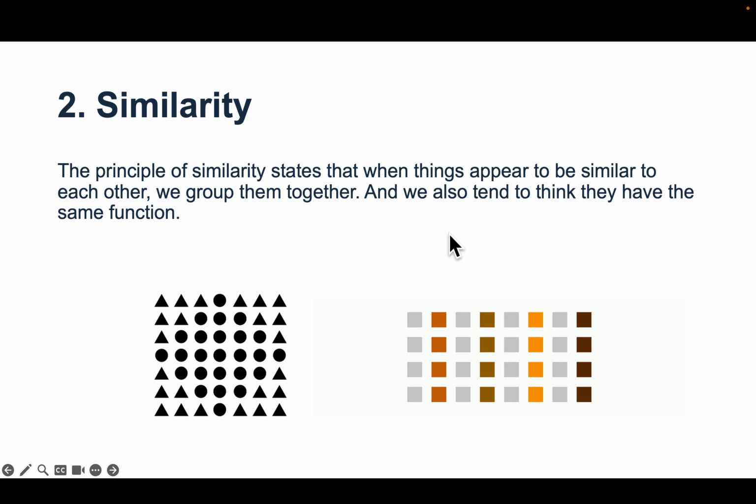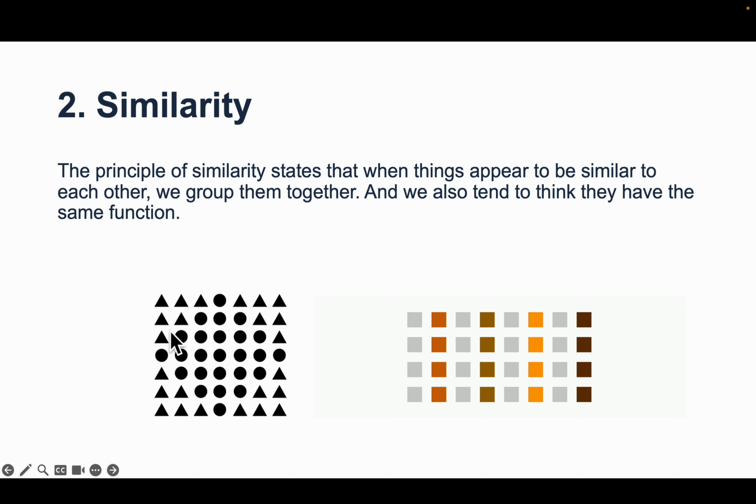The second principle is similarity, which means when things appear to be similar to each other, we group them together, and we also tend to think they have the same function. In this image, there appear to be two separate, distinct groups based on shape, right?